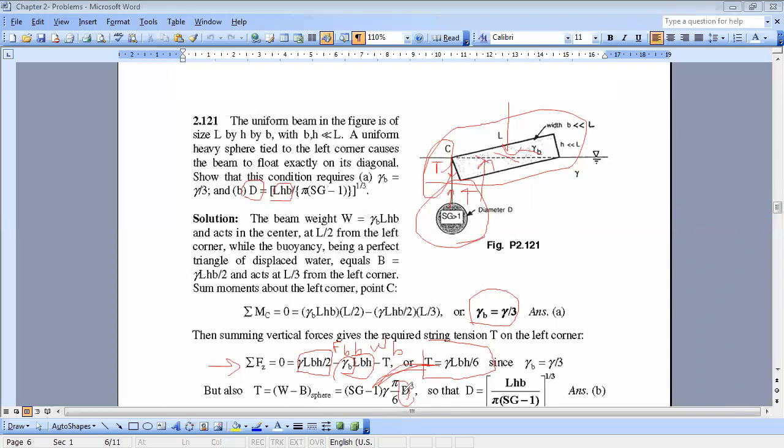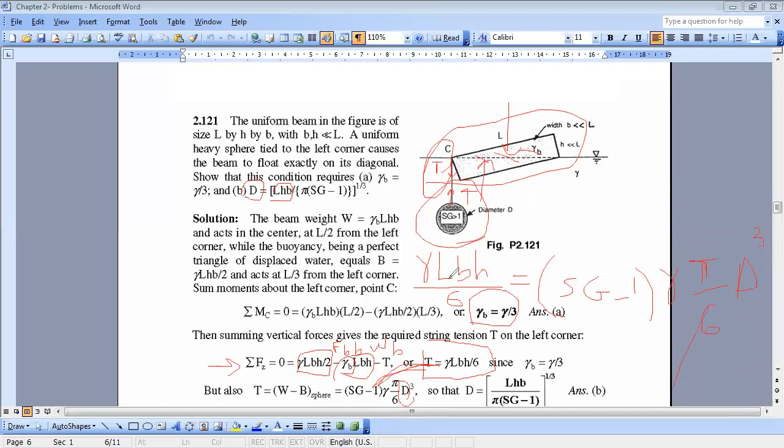So when you equate these two relations, you will get the following: gamma times L times B times H over 6 is equal to specific gravity minus 1 times gamma times pi over 6 d cubed. First, you have a lot of factors that can be simplified.